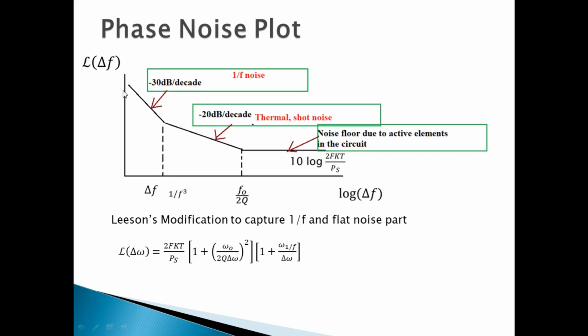So if this is the carrier frequency and I had a very high Q, then this phase noise, which is the lowest that the oscillator is experiencing, would be closer to the carrier frequency. And of course, you can see here the corner frequency for the flicker noise, say 1 by f cube, and the rest of it is flat noise.